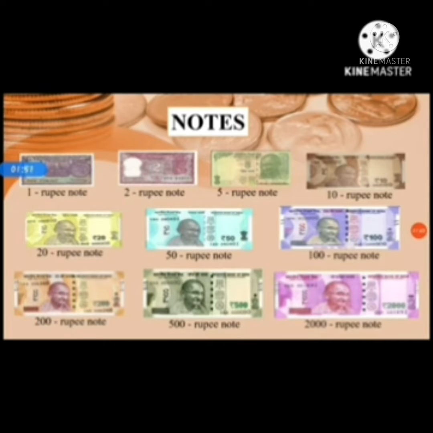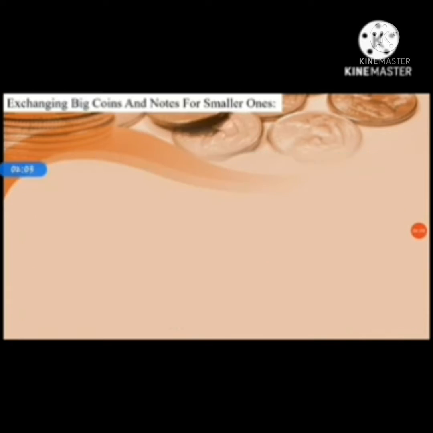Regularly we are using them for purchasing anything or exchanging. So these are the notes we are using for purchasing anything from markets or for any other purposes. Clear? Now, exchanging big coins and notes for smaller ones means any type of big coin or big note we are exchanging for smaller ones.